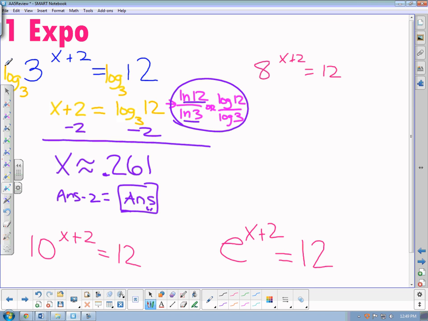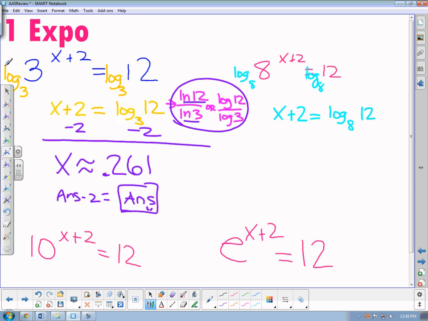All right, looking at our next question, which is kind of similar, except now the base is 8. So now we would say log base 8 to both sides, and we would have x plus 2 equals log base 8 of 12.